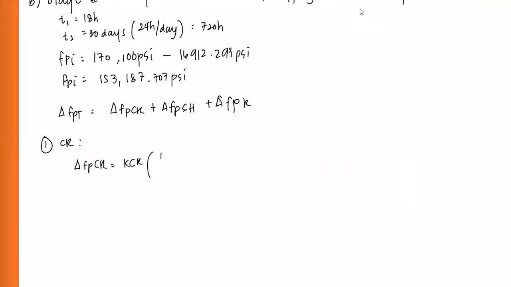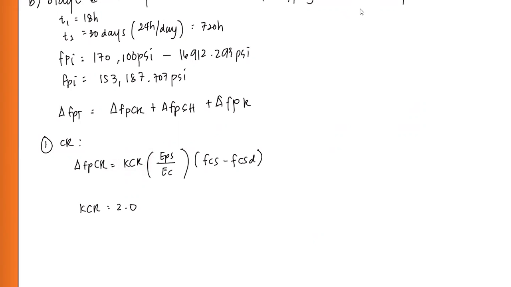KCR times EPS over EC times yung FCS natin minus FCSD. Okay? So, again, si KCR is a coefficient na kapag pretension members is 2.0 yung value niya. Okay? So, sulat lang natin.